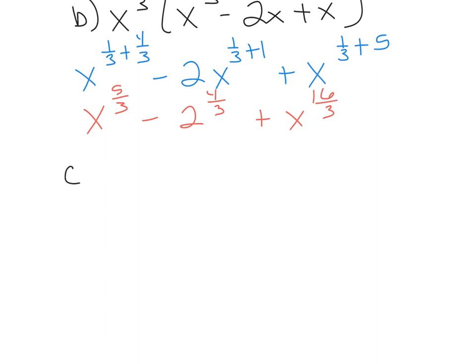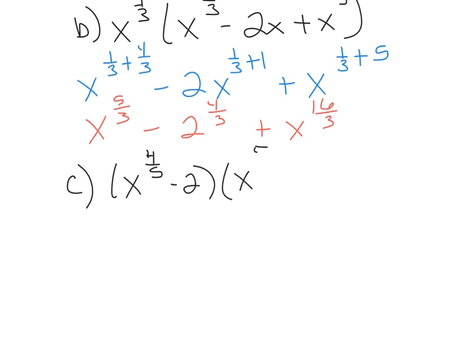For letter C, we have x to the 4/5 minus 2 times x to the 4/5 minus 1.